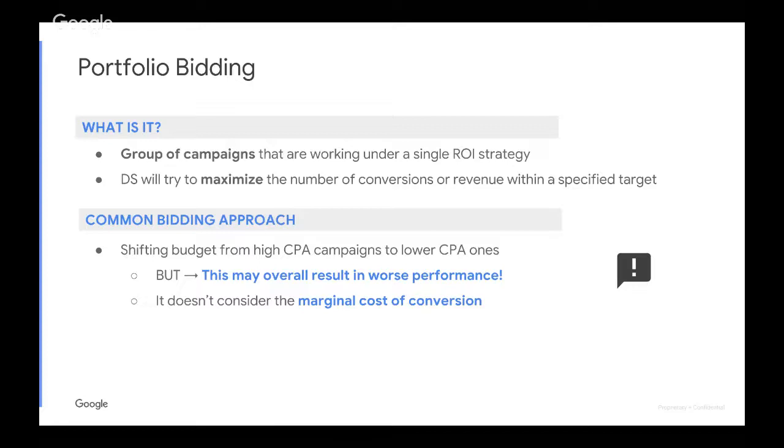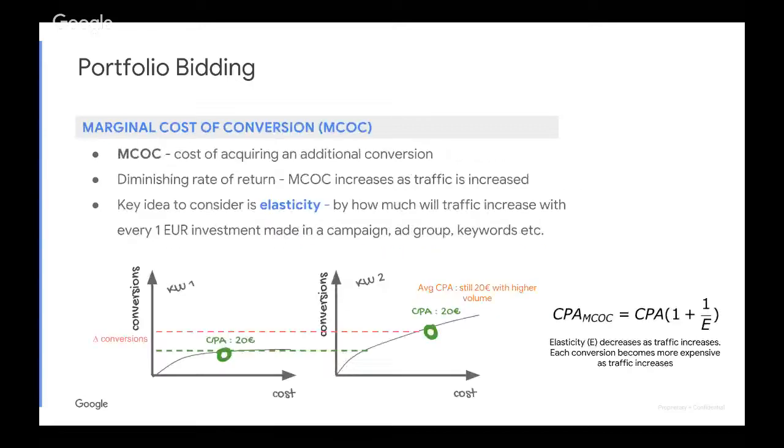The reason for that is that it doesn't consider the marginal cost of conversion, which is considered in portfolio bidding. So what is that marginal cost of conversion? It's a bit reminiscent of the economics class, I guess, but I'll try to explain it in nice and easy words. So the marginal cost of conversion is essentially the cost of acquiring an additional conversion.